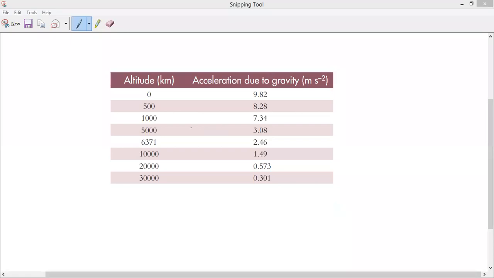So altitude. If you observe, at the surface of the Earth, what is the G value? You can see 9.8. It is even given as 9.82, the most precise value, but you can take 9.8. If you go 500 kilometers above the Earth, the value is 8.28. If you go 1000 kilometers above the Earth, 7.34.